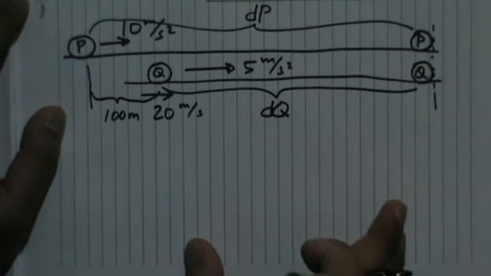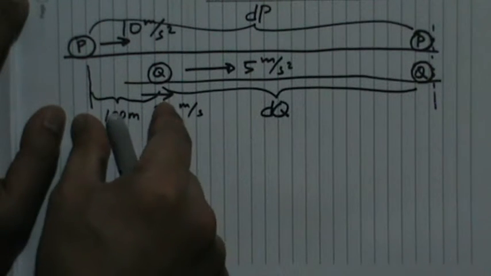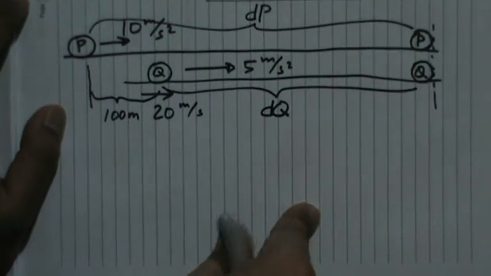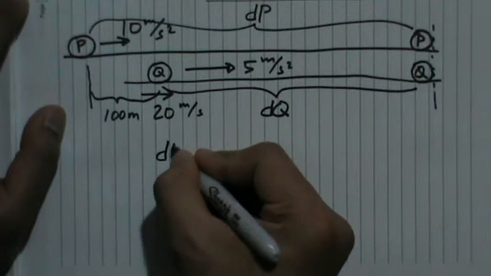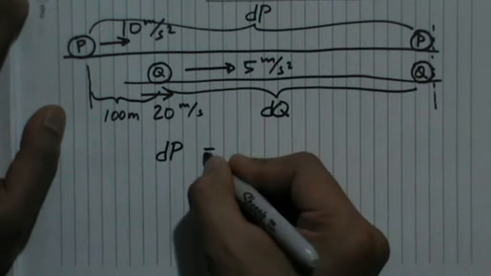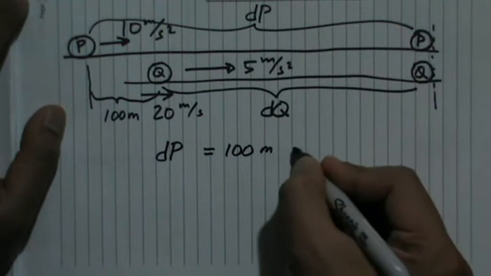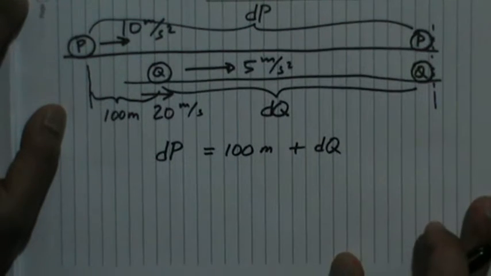Now let's see how these distances are related. So you have 100, you have distance Q, you have distance P, so you will see that the distance P here is equal to 100 meters plus the distance traveled by Q.